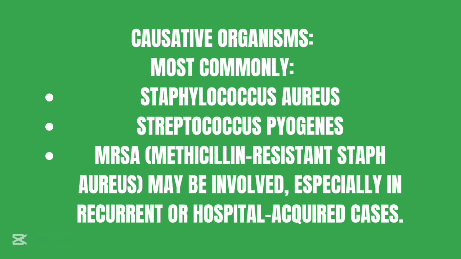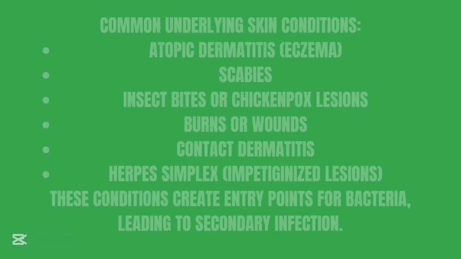Causative organisms for secondary impetigo include Staphylococcus aureus, Streptococcus pyogenes, and methicillin-resistant Staphylococcus aureus. This might be involved especially in recurrent or hospital-acquired cases. Now, when we talk about methicillin resistance, we are talking about a resistant strain of Staphylococcus aureus, and it doesn't respond to the beta-lactam antibiotics.